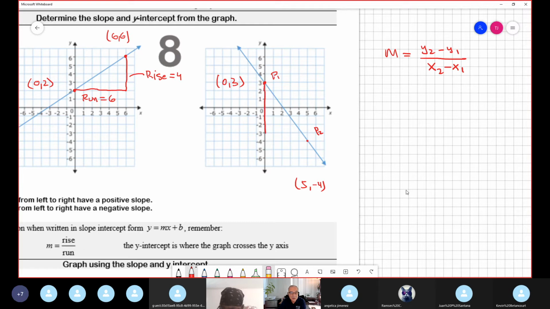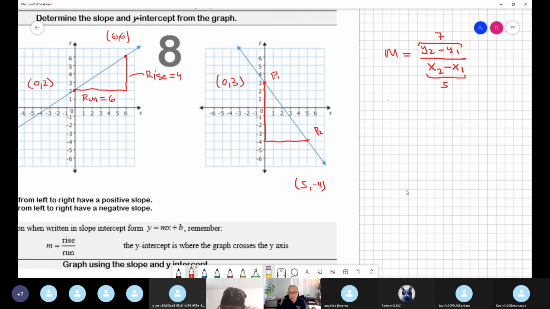This is the rise. Is 7, I suppose, no? 1, 2, 3, 4, 5, 6, 7, yeah. So rise, which is the numerator, is 7. And run, which is the denominator, is this segment. And this segment is 5. 1, 2, 3, 4, 5.